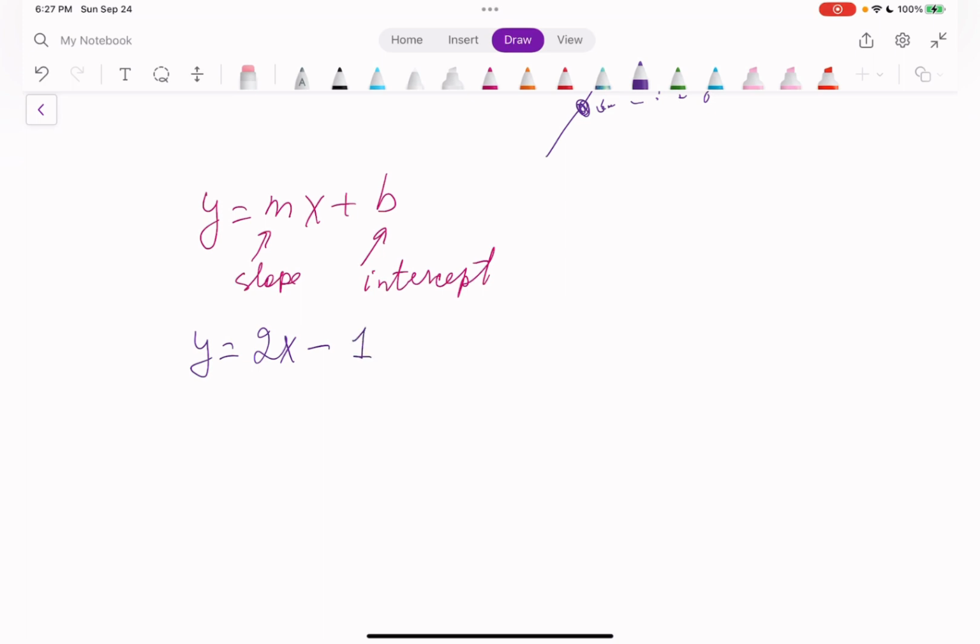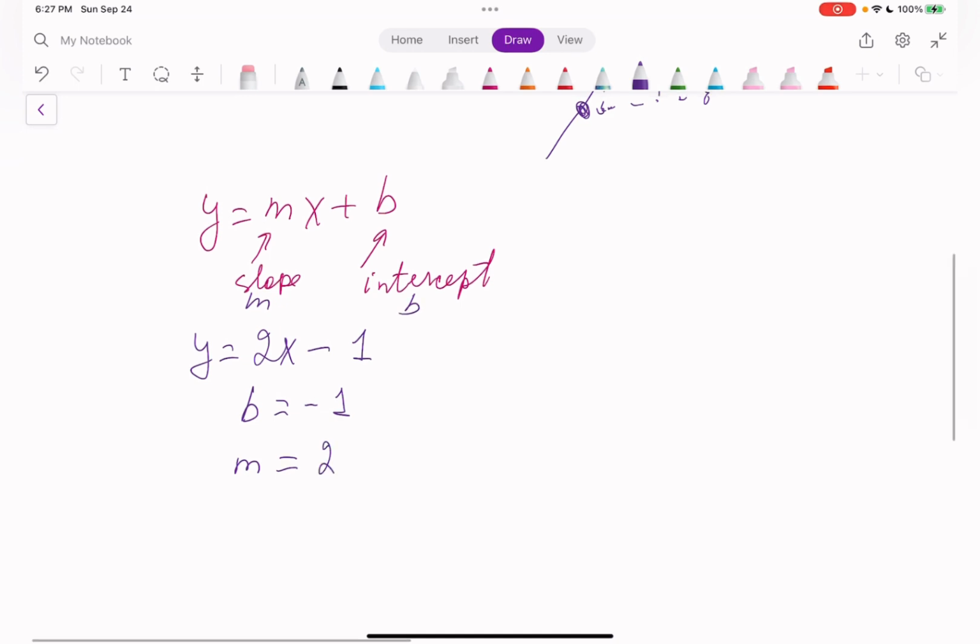So b here is equal to negative 1, this is m, this is b, and slope m is equal to 2, right? Since slope is always going to be represented by a fraction, on the top, this 2 is a rise. We call it rise. At the bottom, we have run. I'll explain in a minute.